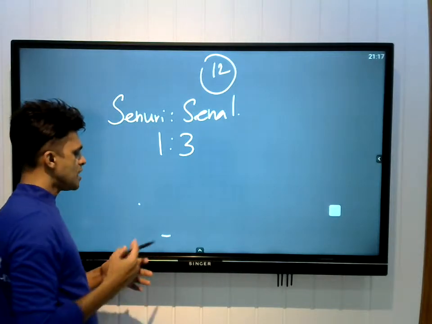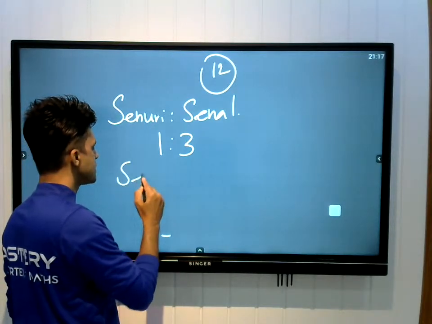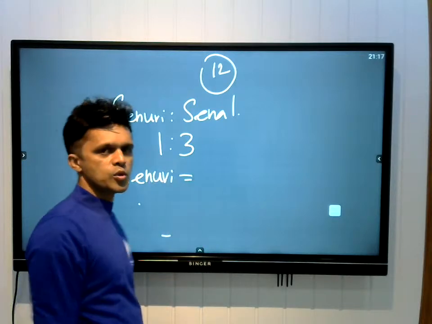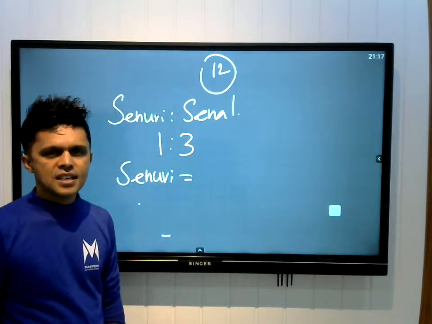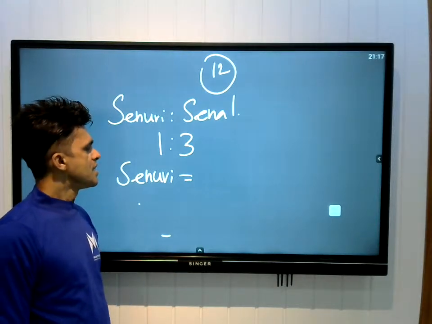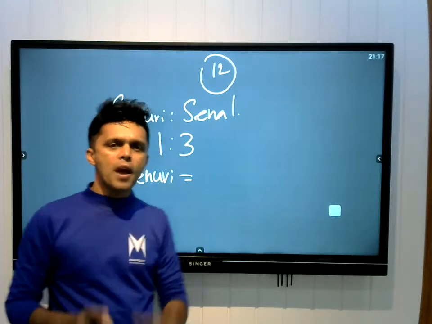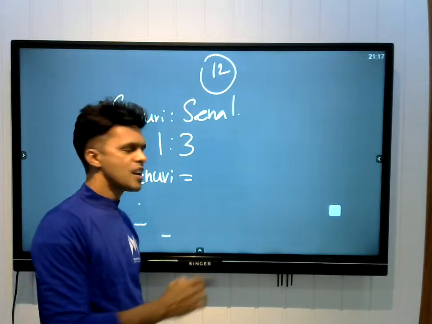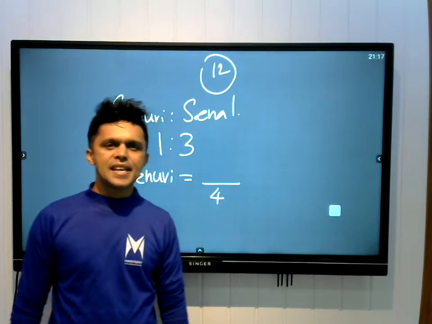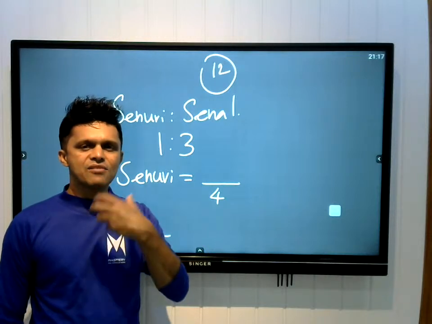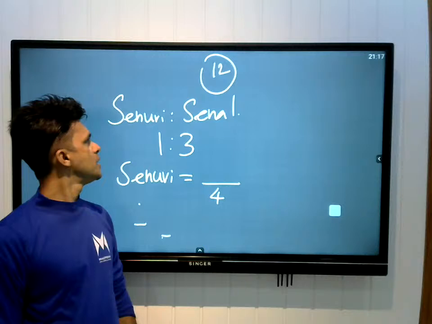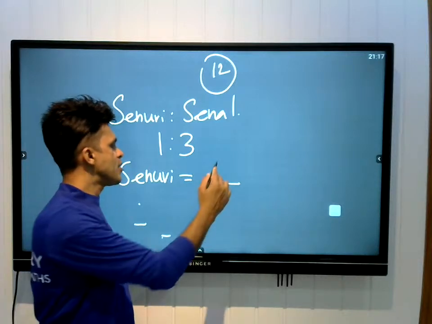So what is the amount taken by Senuri here? When it is divided into 4 mangoes, Senuri gets 1 mango.